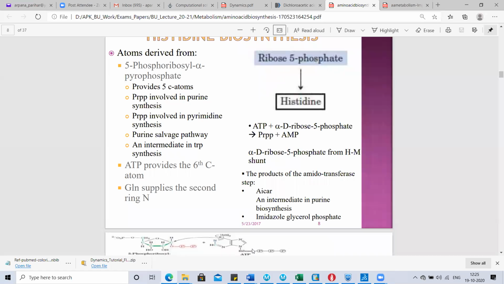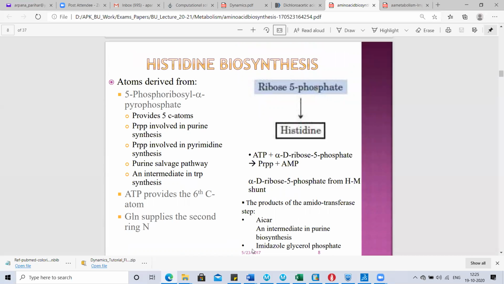How is histidine synthesized from ribose 5-phosphate? 5-Phosphoribosyl alpha pyrophosphate provides 5 carbon atoms for purine biosynthesis, so it is a very important reaction.